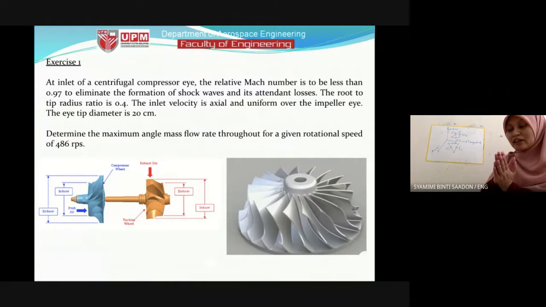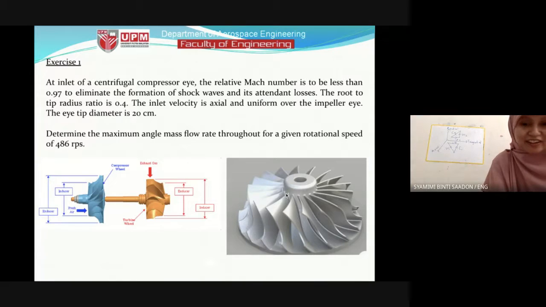It doesn't enter the compressor axially direct like that. But for this exercise 1, the inlet velocity is totally axial, so there is no alpha or any angle, and it is uniform over the impeller eye.